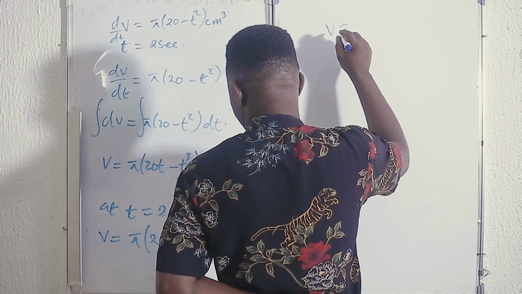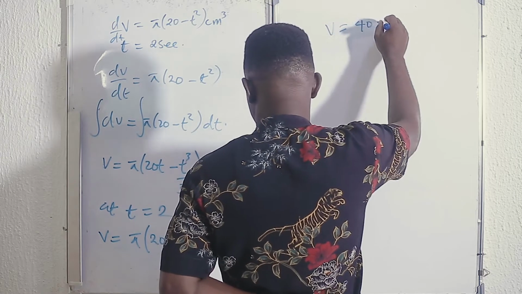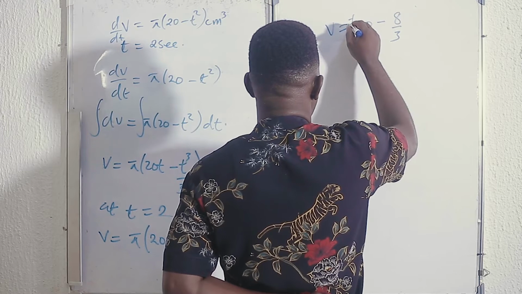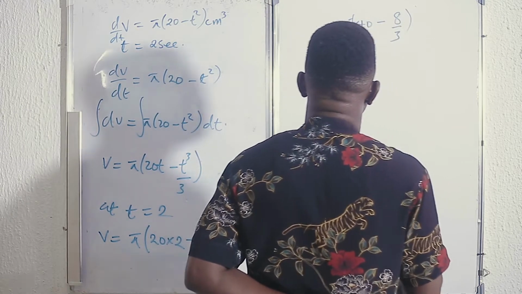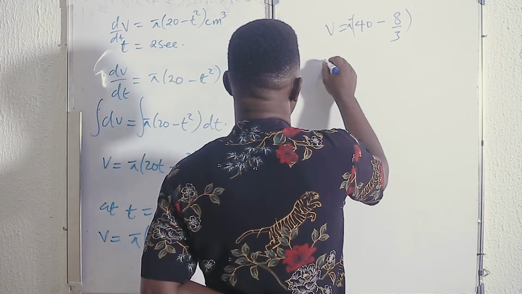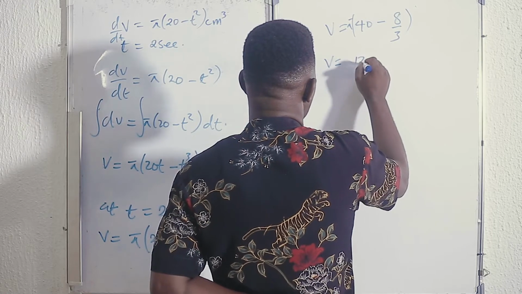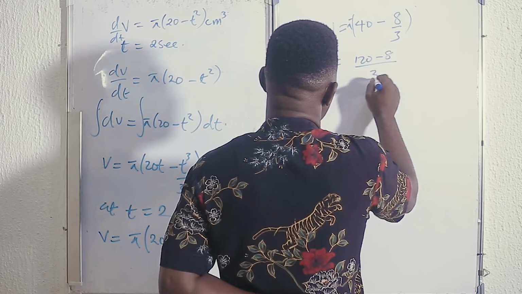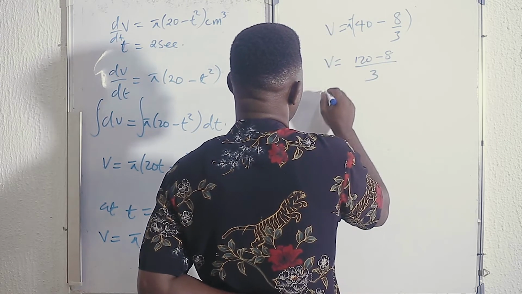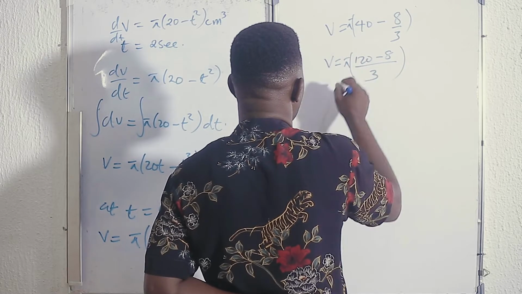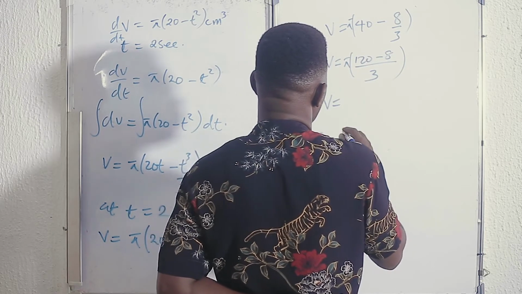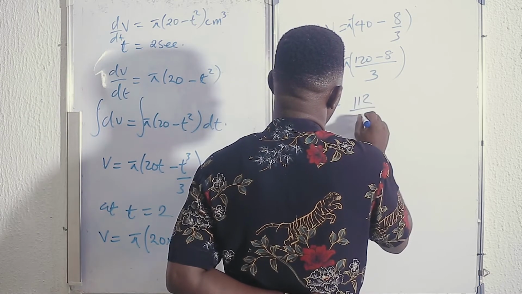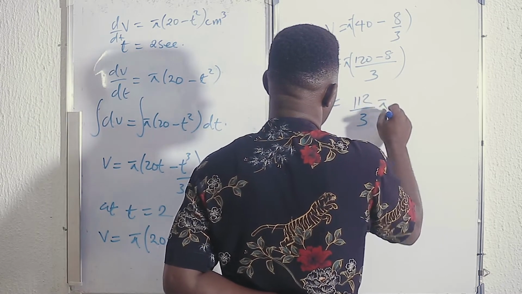V is going to be 40 minus 8 over 3. Remember there is a pi here. So V is going to be (120 minus 8) all over 3, all into pi. V is equal to 112 all over 3 pi.